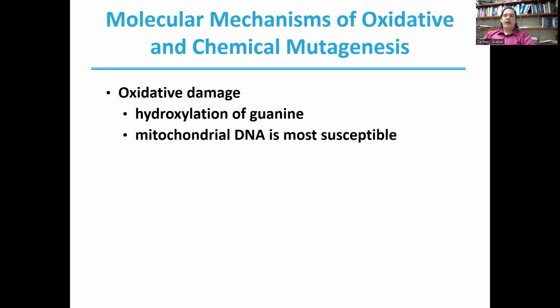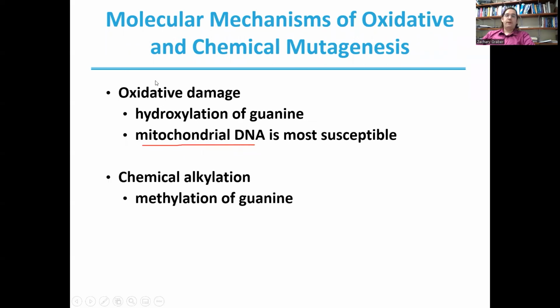There are a variety of other reactions that can change our DNA as well, but these will often require addition of other agents in order to create the actual reaction. So if we have oxidative species, we can create a variety of different oxidative damage to our DNA. We can hydroxylate our guanine, for example, and this will most commonly occur for our mitochondrial DNA. We can also have chemical alkylation, where we add on carbon groups. For example, our guanine can be methylated.